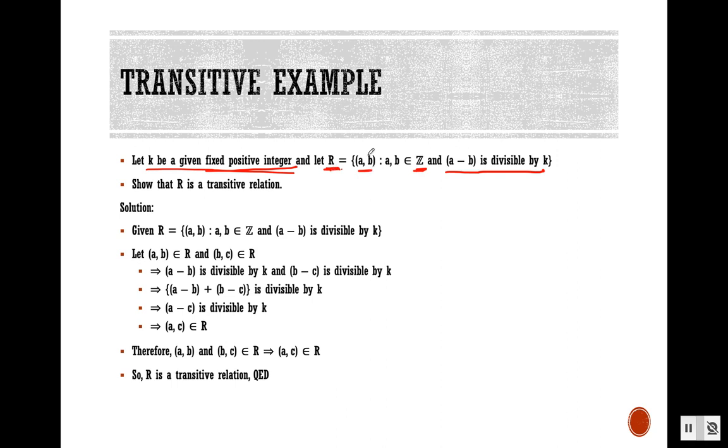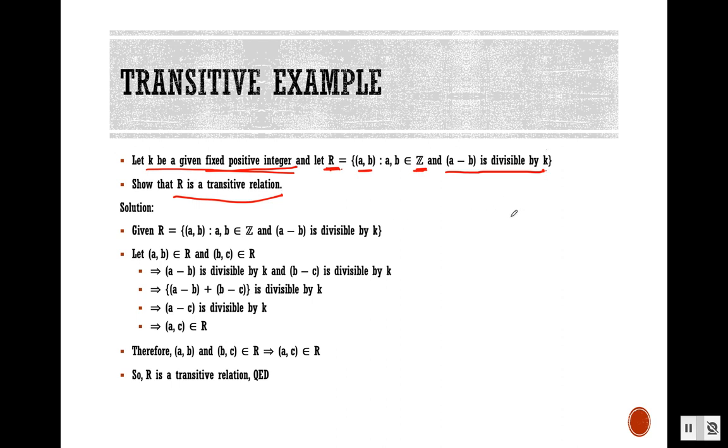So the relation says it is the set of all ordered pairs where a, b are integers and a minus b is divisible by k, and k is a given fixed positive integer. Then can we show that R is a transitive relation?